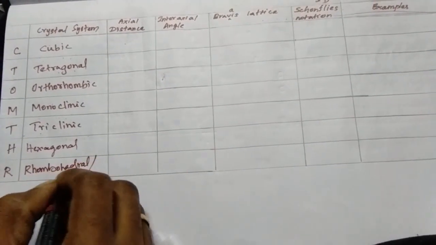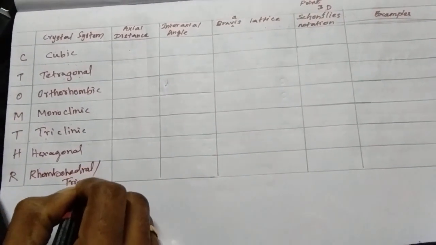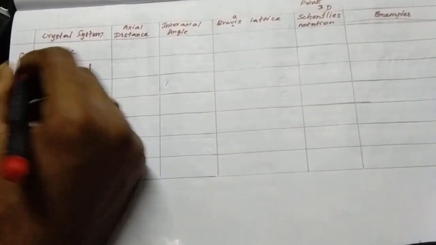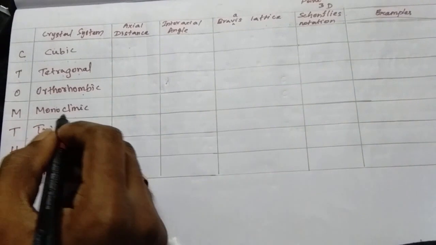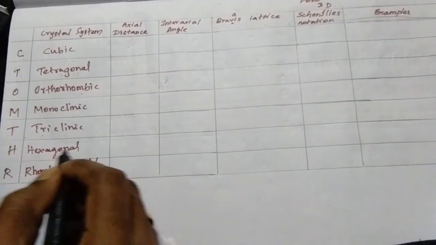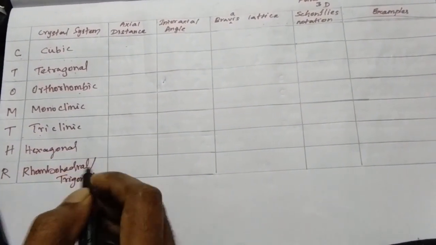This is otherwise called trigonal. Okay. C for cubic, T for tetragonal, O for orthorhombic, M for monoclinic, T for triclinic, H for hexagonal, R for rhombohedral or trigonal.